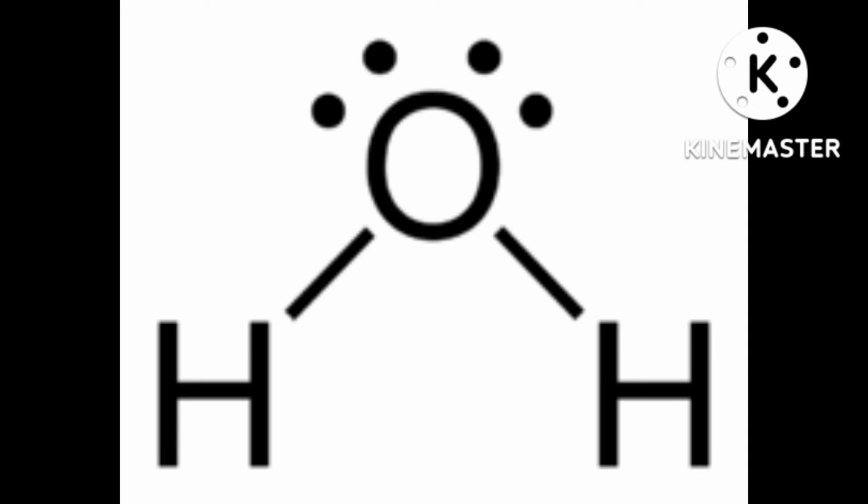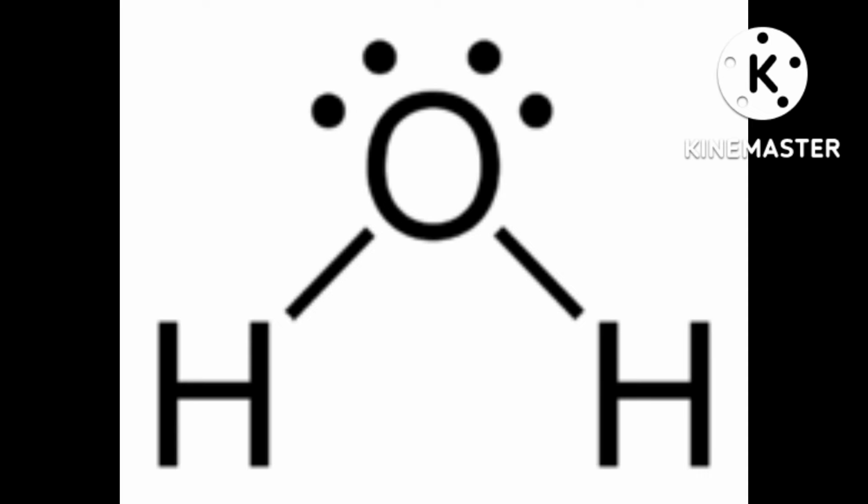Horizontally I am talking about lithium, second is beryllium, third is boron, fourth is carbon, fifth is nitrogen, sixth is oxygen, seventh is fluorine and eighth is neon. I told you from lithium to neon horizontally in the period. Now see, I am explaining the representation, that is the Lewis symbol.